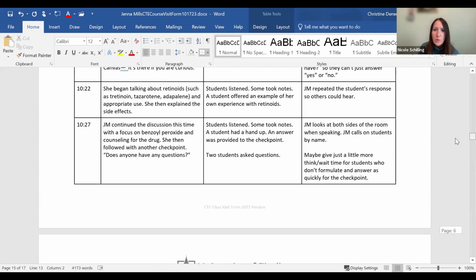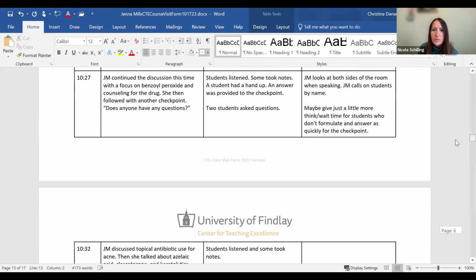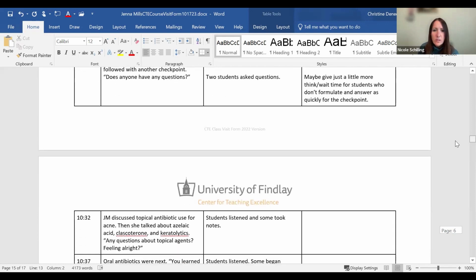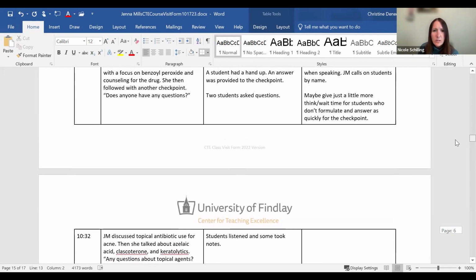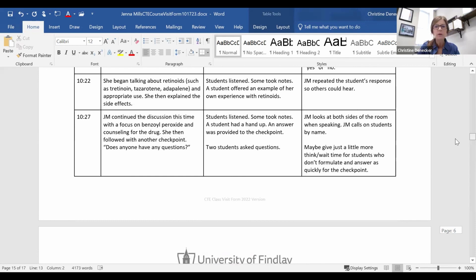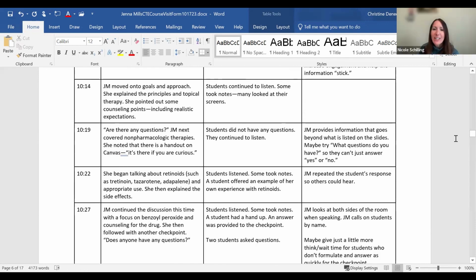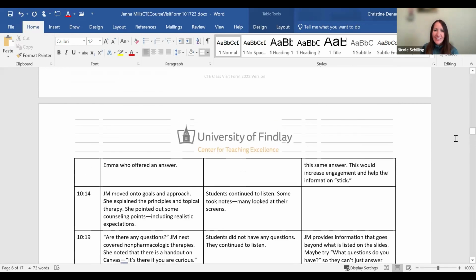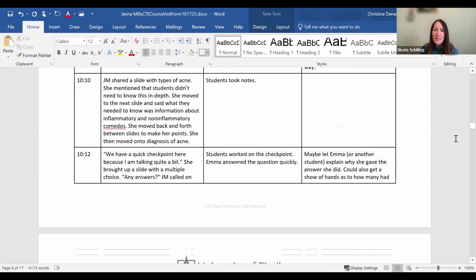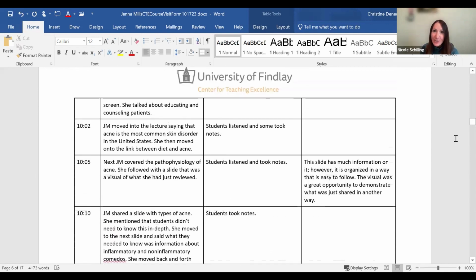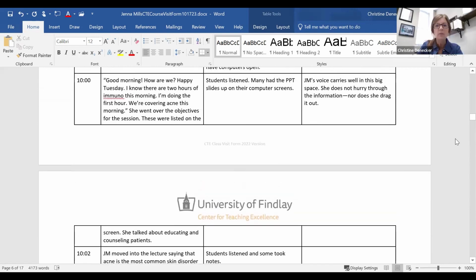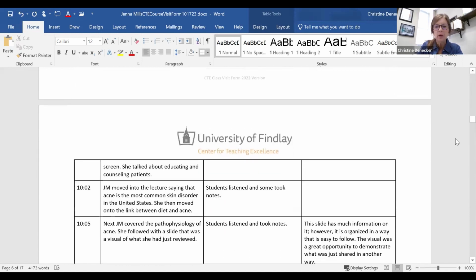Two students asked questions. I wish I had put a little more detail there. That's on me, but we learned that. I find that I'm thinking that sometimes too. I wish I would have expanded on this just a little, especially when there's a little time in between.